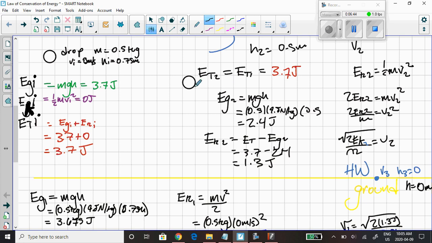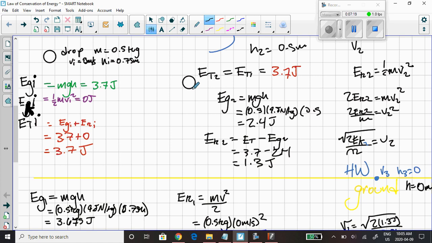The total energy that it has when it's at height 2, 0.5 meters, let's call that total energy 2, is equal to the total energy it had here when it was at height initial, which is total energy initial. It's still 3.7 joules. Whatever energy it had here, total energy, is the same as the total energy it has right there. It hasn't changed.